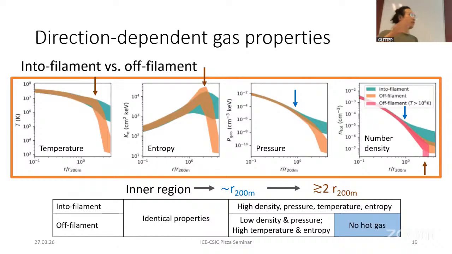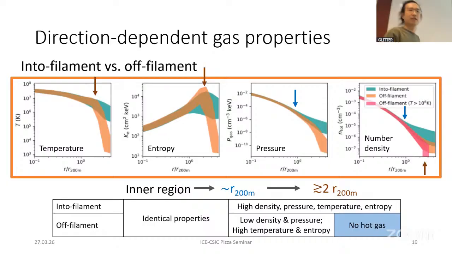And if we try to understand what contributes to the two-halo term, we would like to know the details in different directions. So now we split the surface brightness, split the thermodynamic profiles, into two types of directions. One is toward the nearby cosmic filament. One is off the cosmic filament, just hitting the voids.